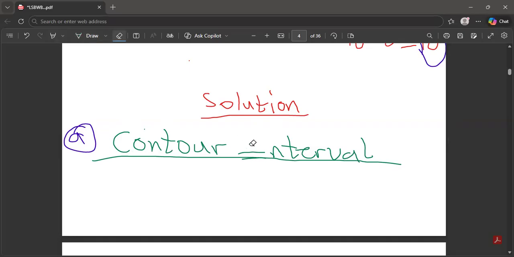So that becomes our contour interval. Exactly. So we are coming to calculate for it.